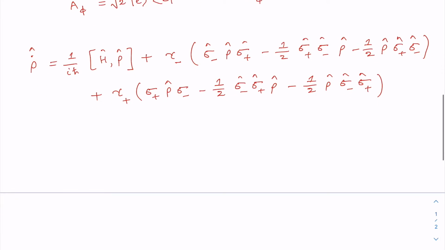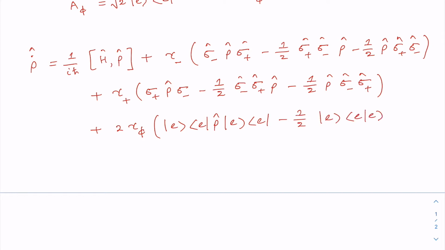And finally we have 2 gamma phi, and that is due to the pure dephasing. Let me write it explicitly. We have here terms like this, minus half e rho, and then minus half rho e.